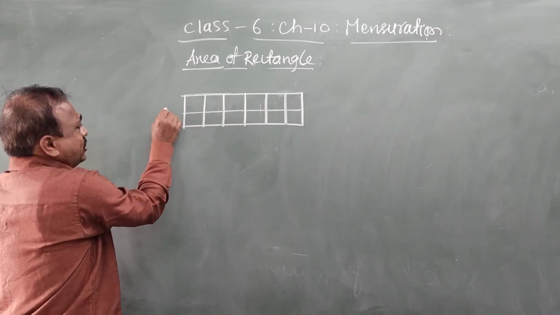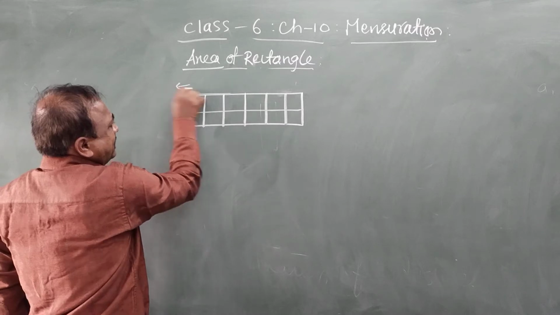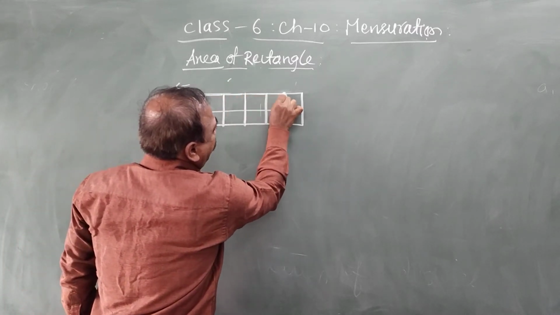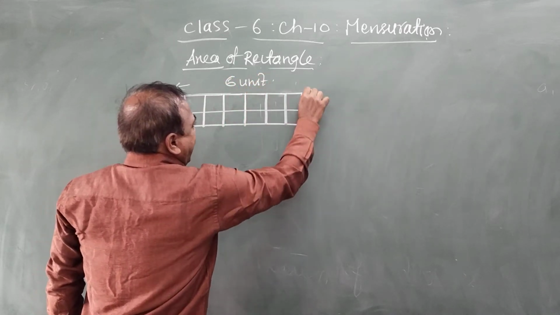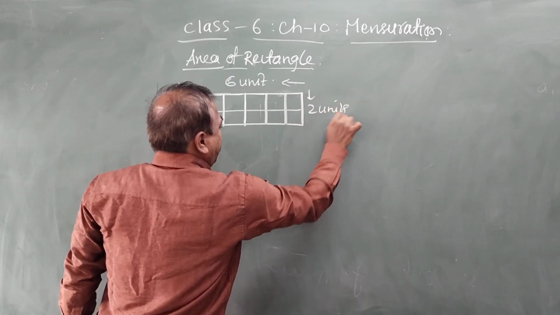Distance from here to here is 1 unit, so the total distance is 1, 2, 3, 4, 5, 6. 6 units distance is there, and here a total of 2 units distance.